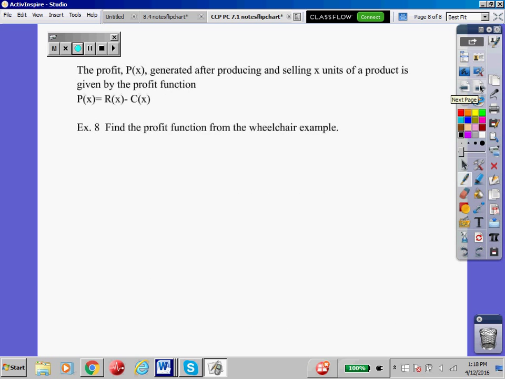All right, the last thing here is profit. You want to get a profit, and a profit is found by taking your revenue minus cost. So it says find the profit function from the wheelchair example. So the profit function is revenue minus cost. You have to be careful. Our revenue was 600x, and you want to subtract the cost to produce them.